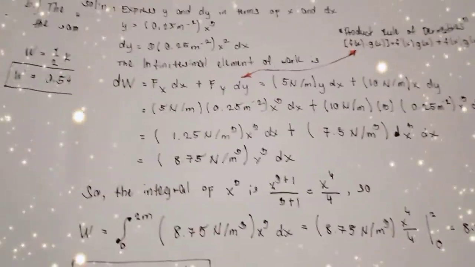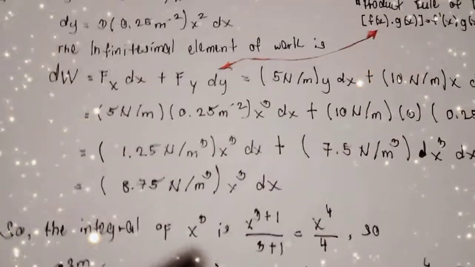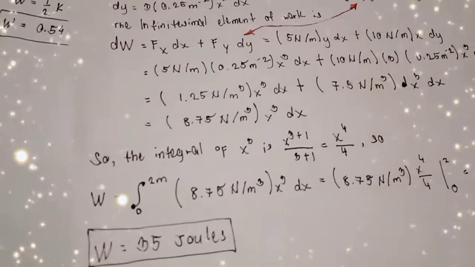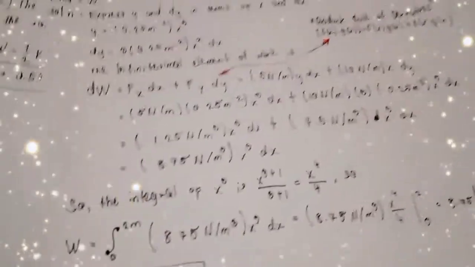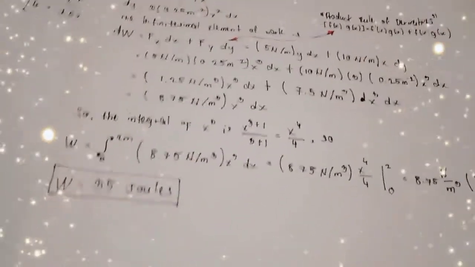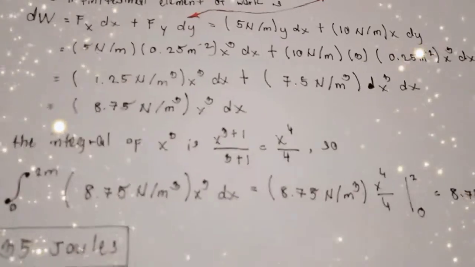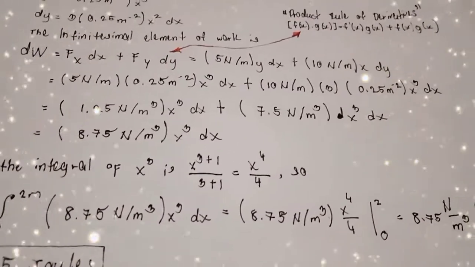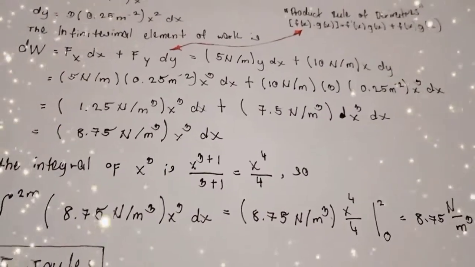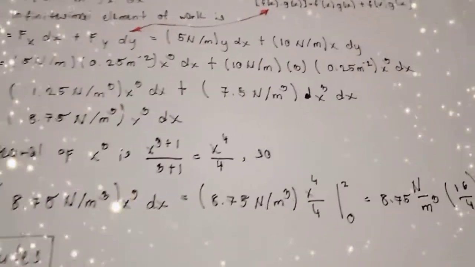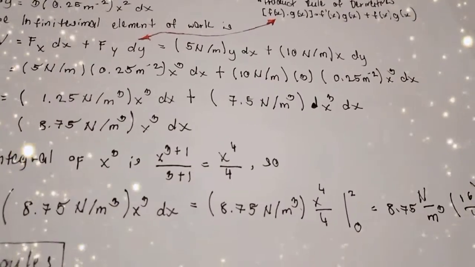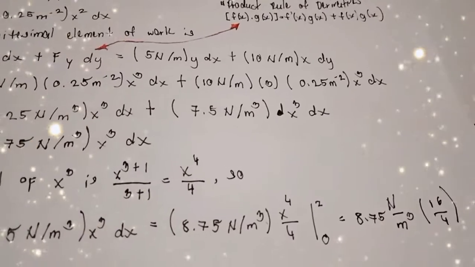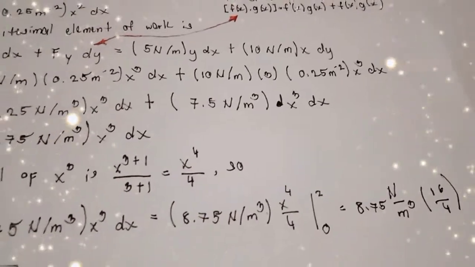So work is the integral from 0 to 2 m of 8.75 N/m³ x³ dx, equal to 8.75 N/m³ times x⁴ over 4, from 0 to 2.